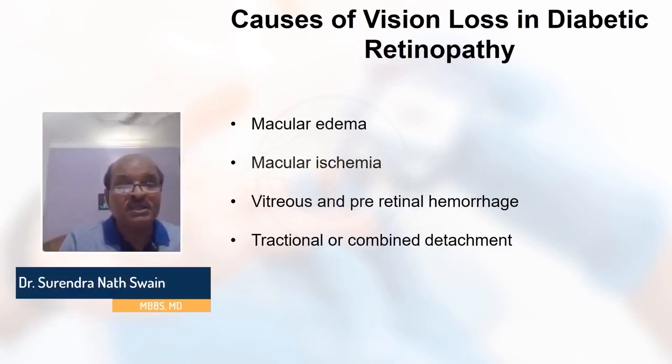Causes of vision loss in diabetic retinopathy: macular edema, macular ischemia, vitreous and pre-retinal hemorrhage, and tractional or combined detachment of the retina.